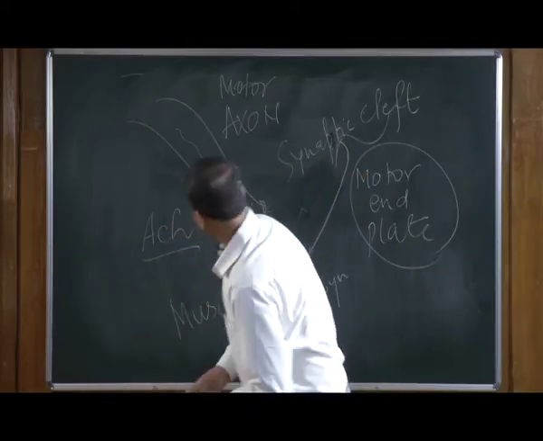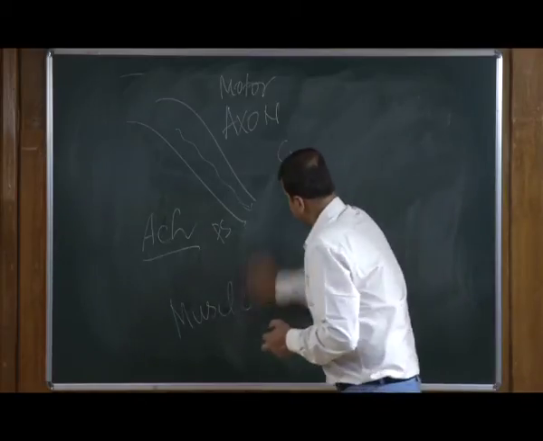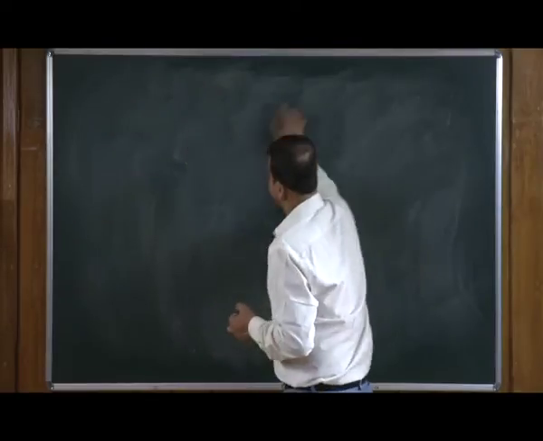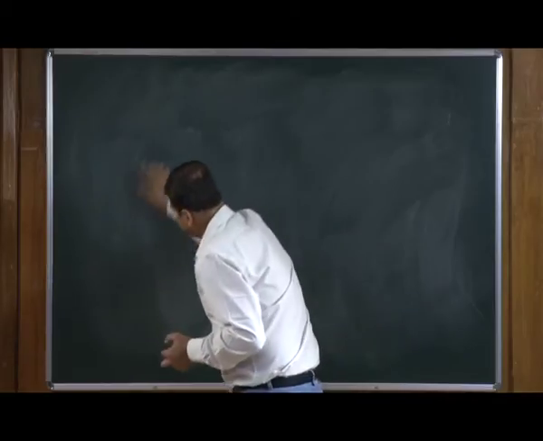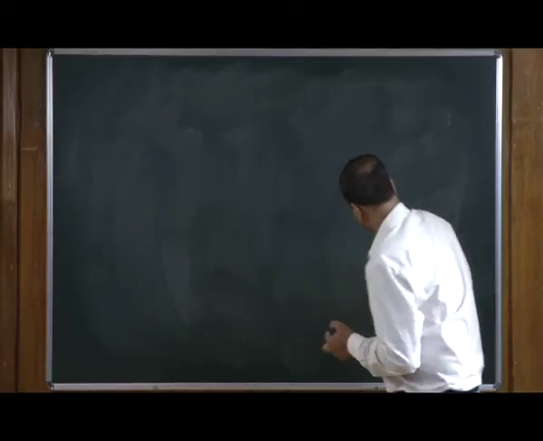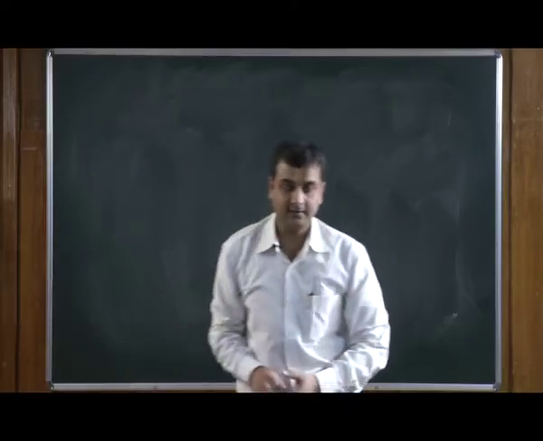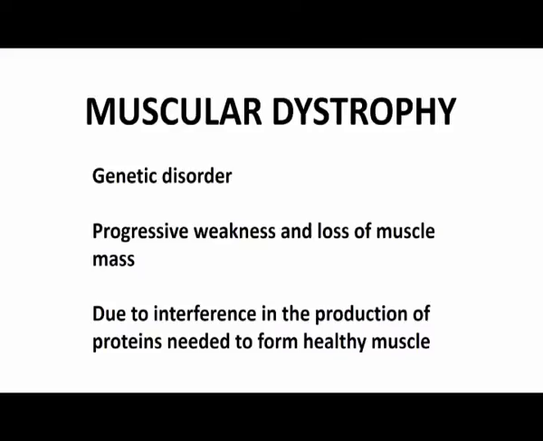All right. So we have understood myasthenia gravis, a disease condition related to skeletal muscle abnormality, which is an autoimmune disease. The body's immune response is producing something which is creating this problem in the body. Next in the slide is a very important disease condition, again a genetic disorder, called muscular dystrophy.